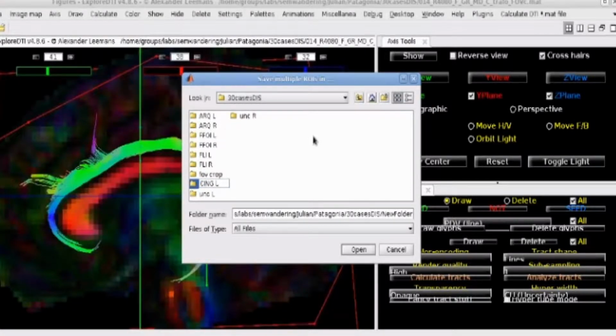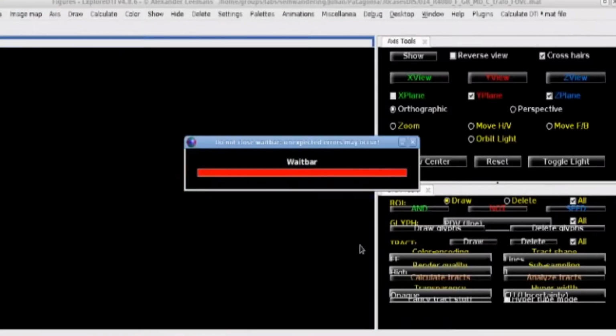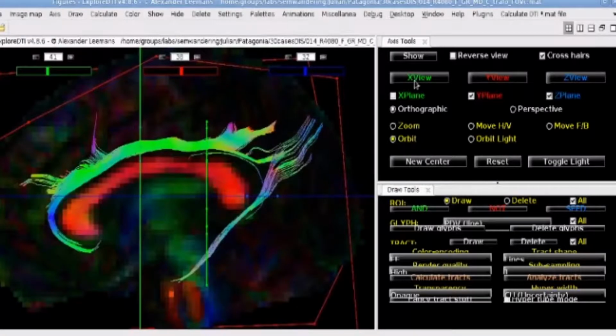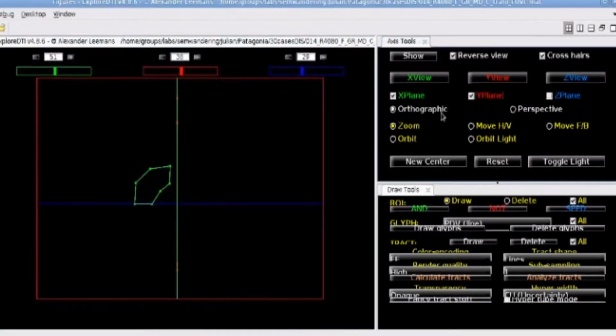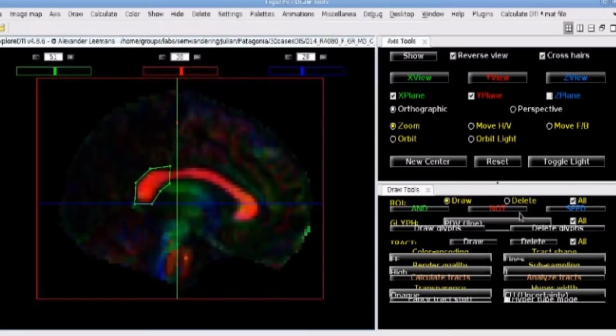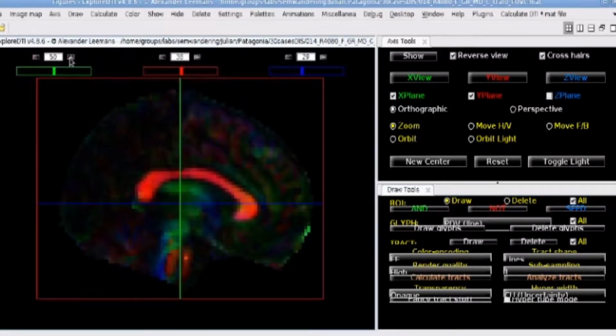Then the quality is very nice because it's a 3 Tesla magnetic resonance scanner, and they use 45 acquisitions with 7 b0 images, and b 1000 for a 3 Tesla magnetic equipment.